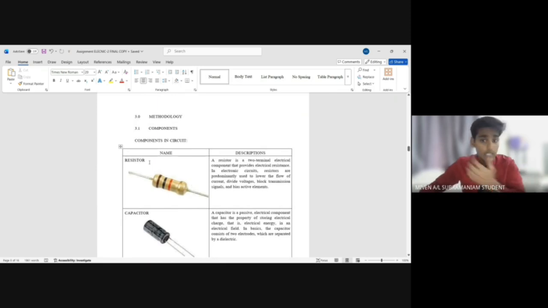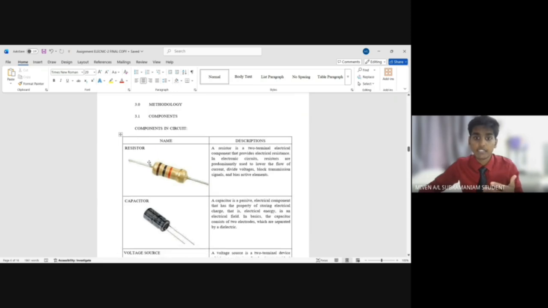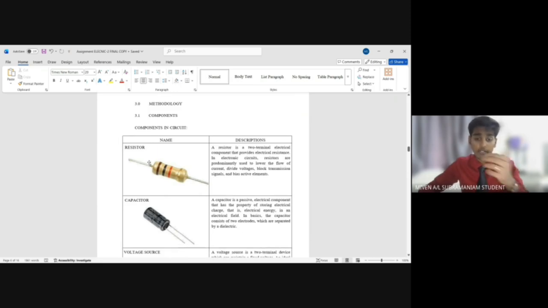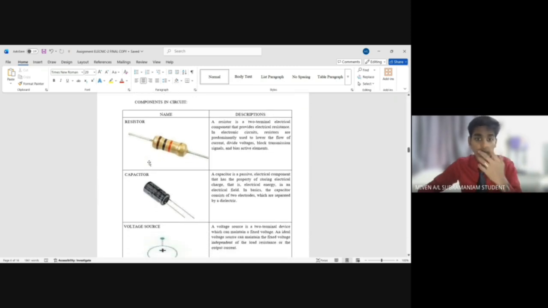Components. I will now discuss the core components used in our circuit. To build an effective active high-pass filter, we utilize several key electrical elements. For example, a resistor. These are used to provide electrical resistance, helping to limit current flow, divide voltages, and bias the active elements within the circuit. And then the capacitor.